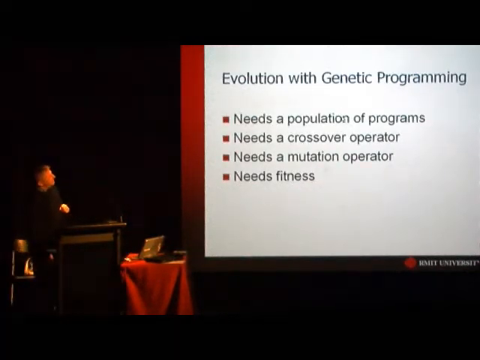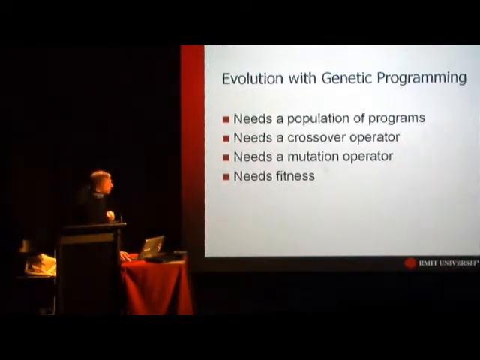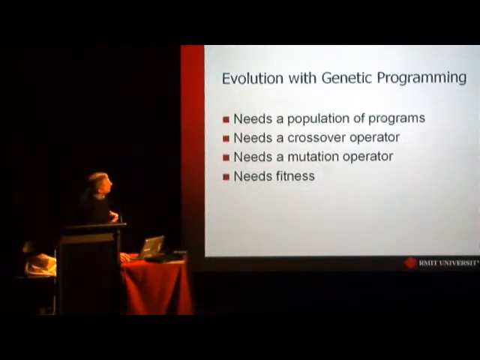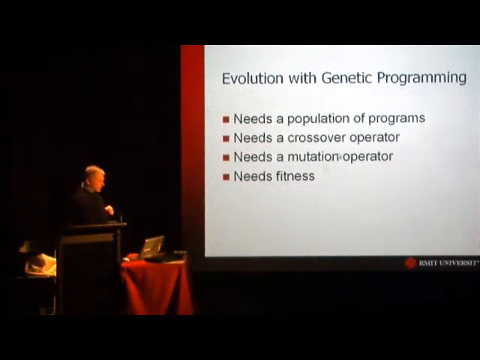So we've seen that if we're working with evolution, with genetic programming, we need to have this population of programs, and we've had a look at what one program looks like. We need crossover and mutation operators, and we need to have fitness.